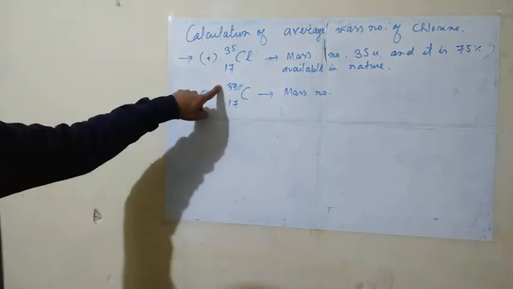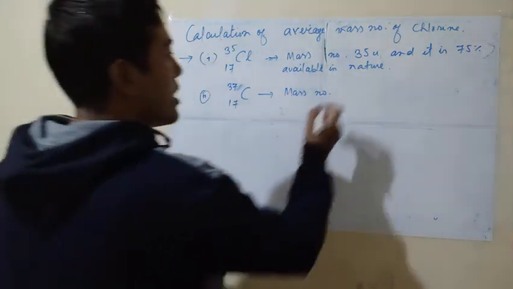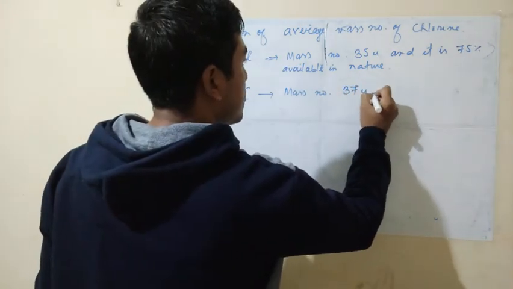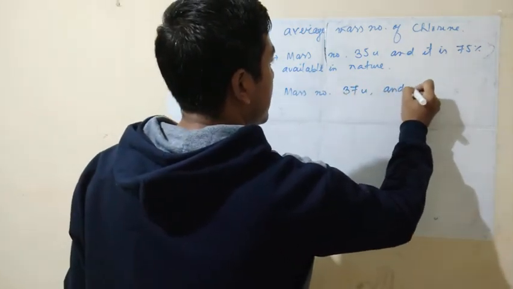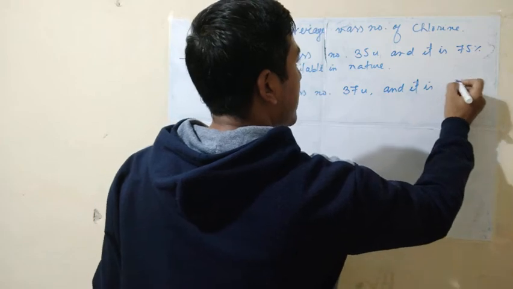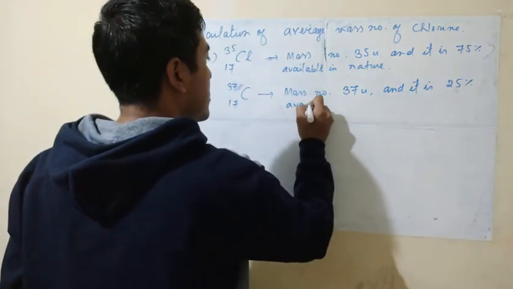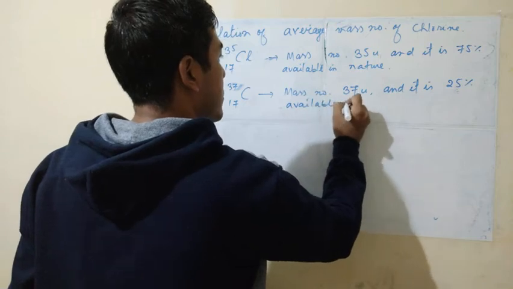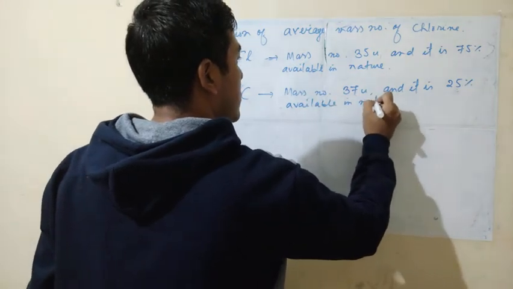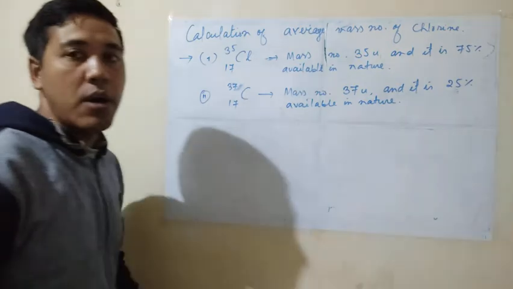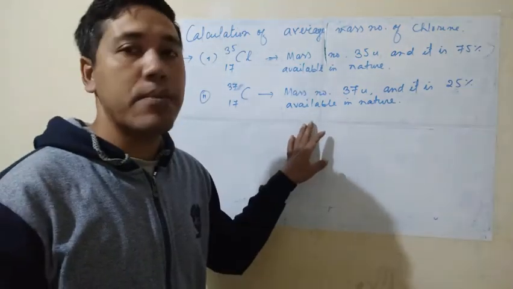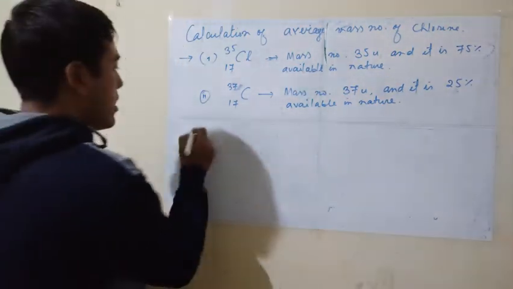The upper number indicates the mass number. That is 37 unit and it is 25% available in nature. How many percent is available in nature? 25%.